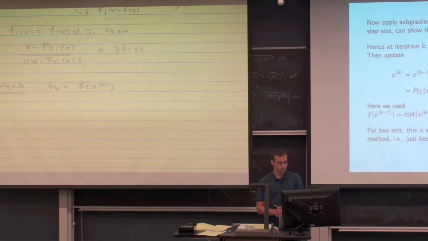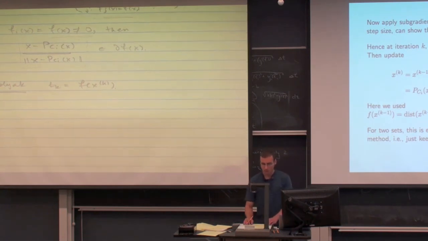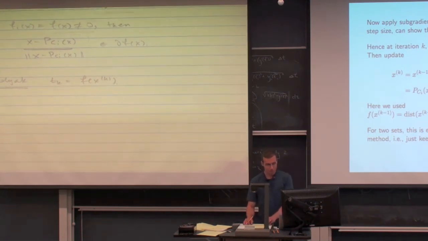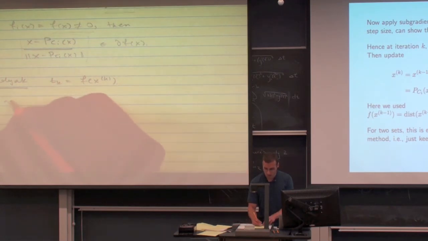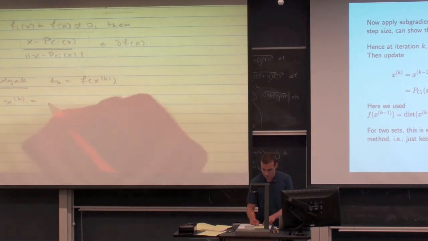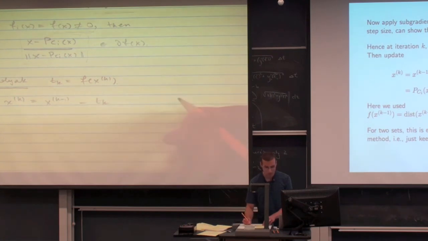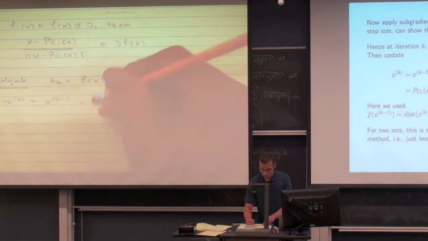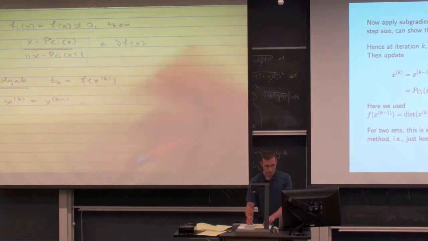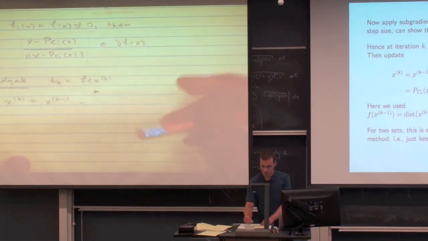Okay. So now let's go ahead and derive the update rule for the subgradient method. It looks like this: xk is equal to xk minus 1 minus tk times the subgradient. Well, actually, I think I maybe wrote this slightly wrong.